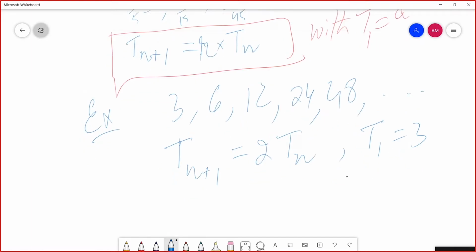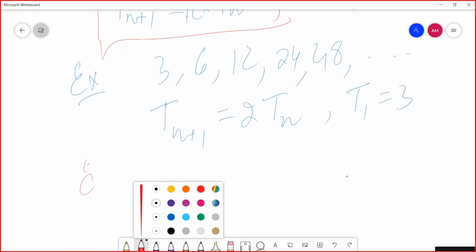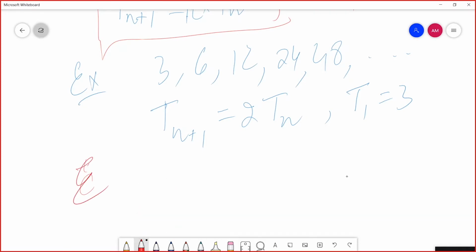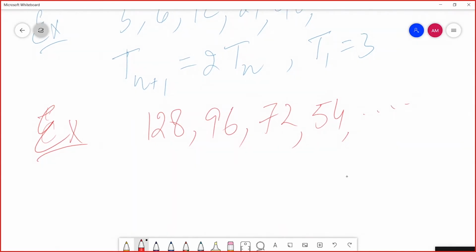Okay, if it is like this, let's do another example. Here I deliberately take an example where the ratio would be less than 1. Can you help me to write the sequence?